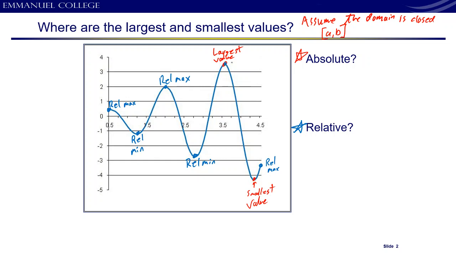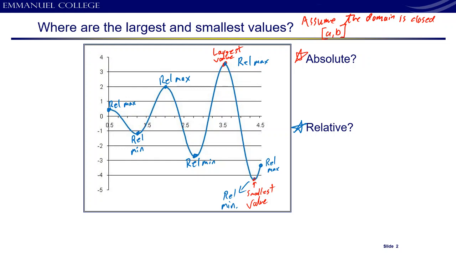So these points as well, this is also a relative max. And even your smallest point is also a relative minimum. So if you're absolutely the tallest, you're also relatively the tallest. But if you're only relatively tall, that does not imply that you are absolutely the tallest.